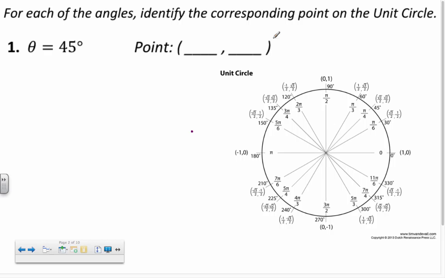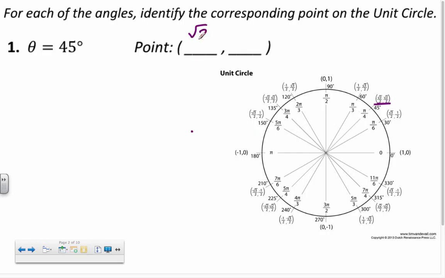Number 1 says find for each of the angles, in this case our angle theta is equal to 45 degrees, identify the corresponding point on the unit circle. So on the unit circle, we want to identify where 45 degrees is. And then they're asking me for the point. So here is the point given at 45 degrees.